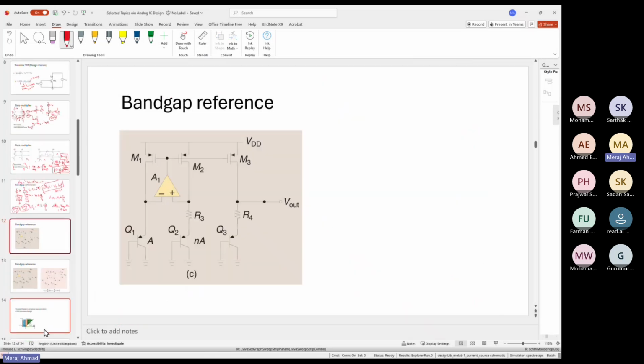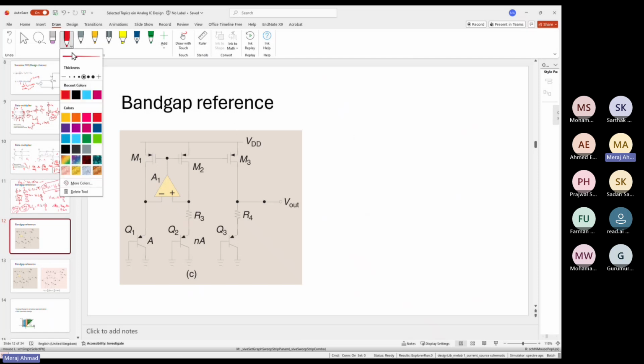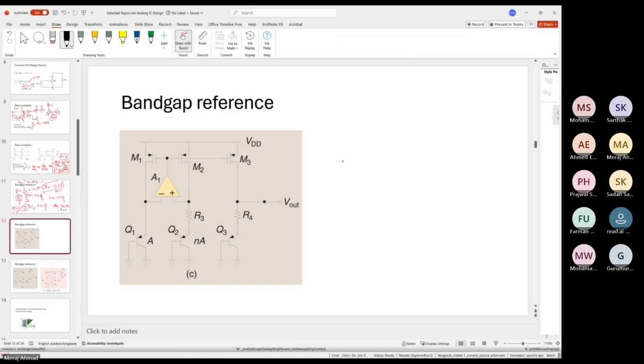With this idea, people started and came up with this circuit. Before going into details, I will quickly say how it works. Suppose this is VBE1 and this is VBE2, and if you apply a resistor between these two voltages, what will be the current value?